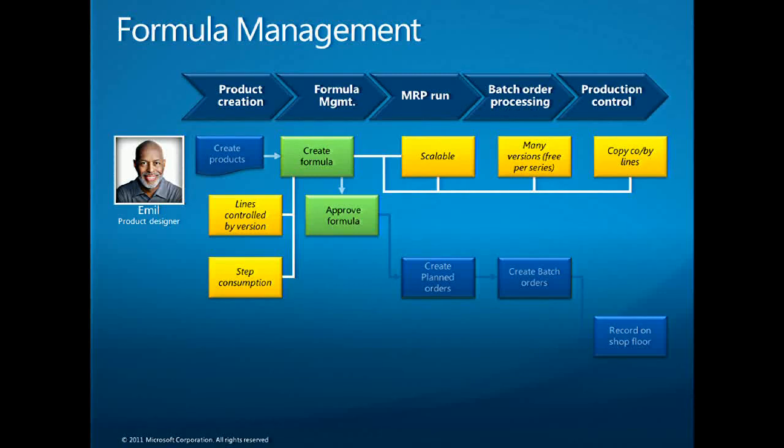Then there is a concept called step consumption, and this is to be able to model nonlinear consumption. And the example is usually: if you use 1 egg to make 100 grams of cake, how many eggs do you need to make 150 grams of cake?